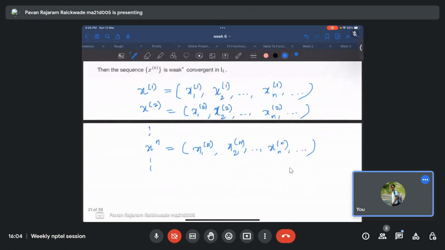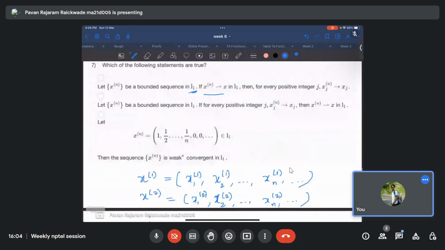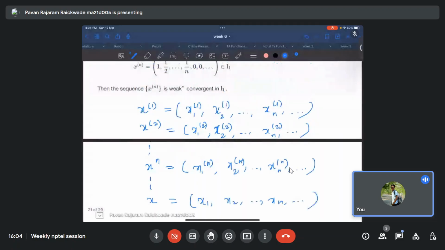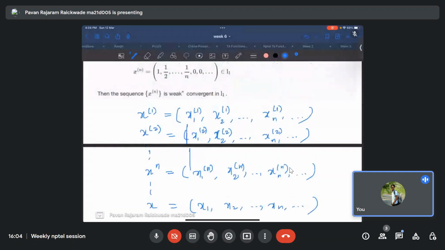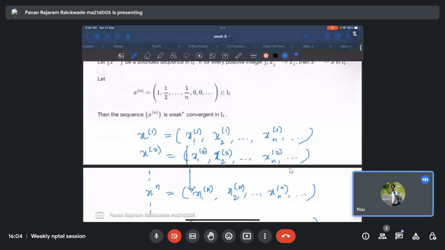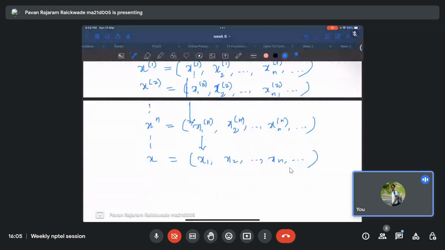So what they're saying is if Xn converges to X pointwise, then for each j, if you fix j, say this is X11, X12, X1n, it should converge to X1. This X2n should converge to X2. Like this should happen. So this is what the statement means.